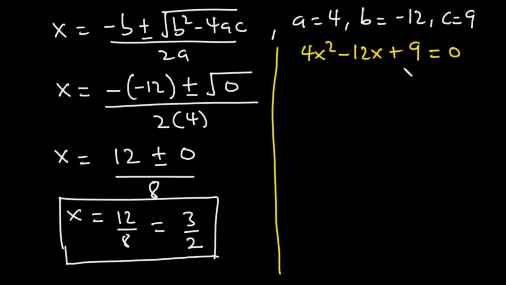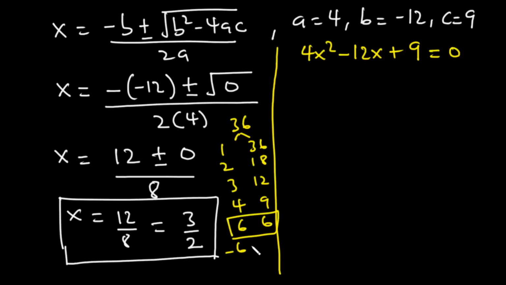Now 4 times 9 is 36, and factors of 36 are 1 and 36, 2 and 18, 3 and 12, 4 and 9, and then 6 and 6. Now which set of values multiply to 36 and add up to negative 12? Negative 6 minus 6 is equal to negative 12. So we select 6 and 6.